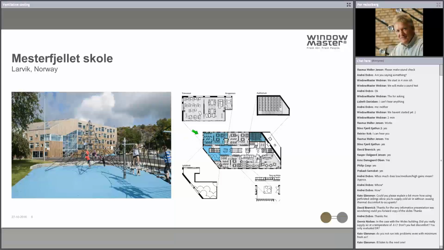Here you can see I've also taken some plan drawings. You can see there are different spaces. Some of them are classrooms, some of them are breakout spaces, and there are also some teaching areas and so on. So there are many different types of spaces inside this building.